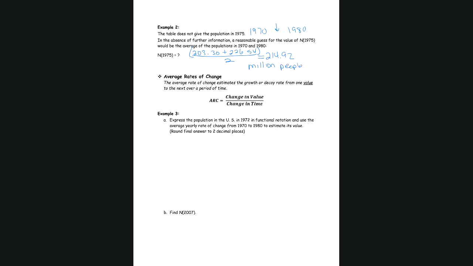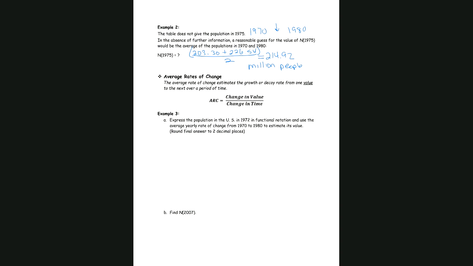What if the number is not right in the middle? How would you find the value? You can estimate this value by the average rate of change. The average rate of change is the change in the value divided by the change in time.